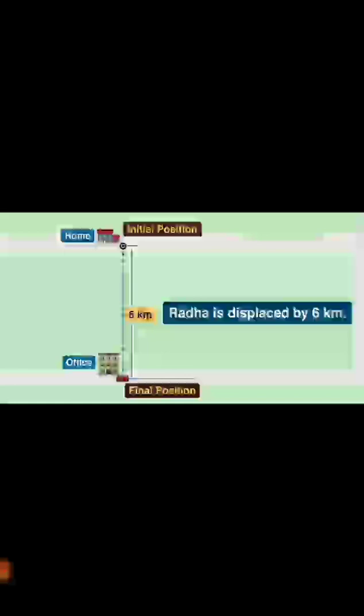So the shortest distance or shortest path between the initial position and the final position is known as displacement. So displacement is always a straight line. Any shortest path is always a straight line. So displacement is defined as the shortest distance between the initial position and the final position.